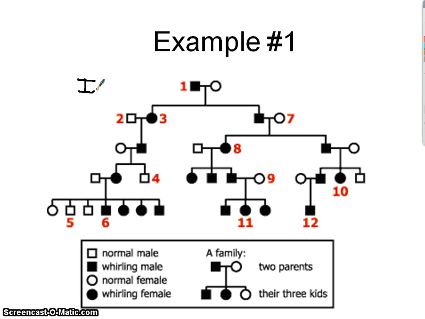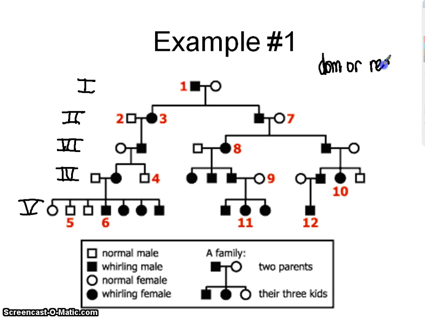So this is sort of like great-grandparents, grandparents, parents, children, and grandchildren. These are their children if the line comes straight down to them. But this is not their child. They married this person. So it's pretty straightforward. And they're always going to tell you. You don't even have to memorize that a square is a male because they're going to give you one of these keys. So the first thing we want to figure out is, is the trait dominant or recessive?